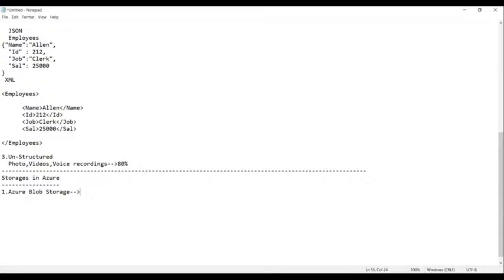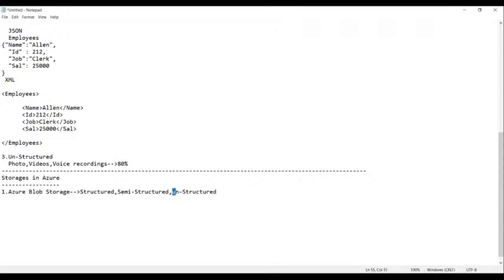That means the Azure Blob Storage can store structured data, semi-structured, and unstructured data.